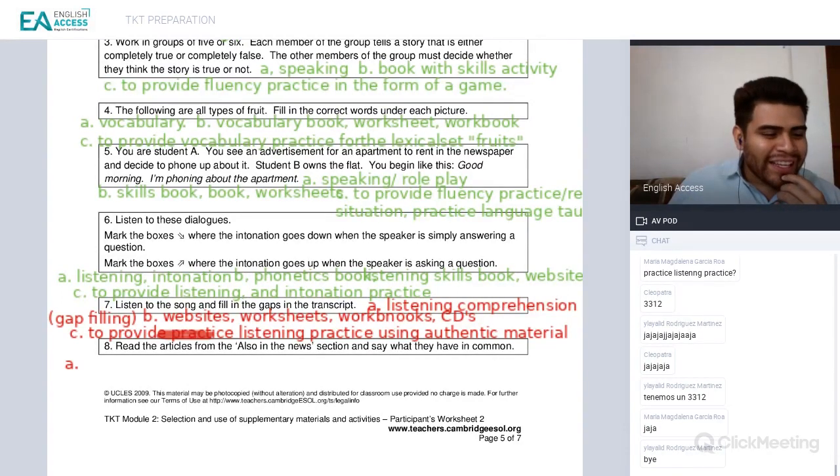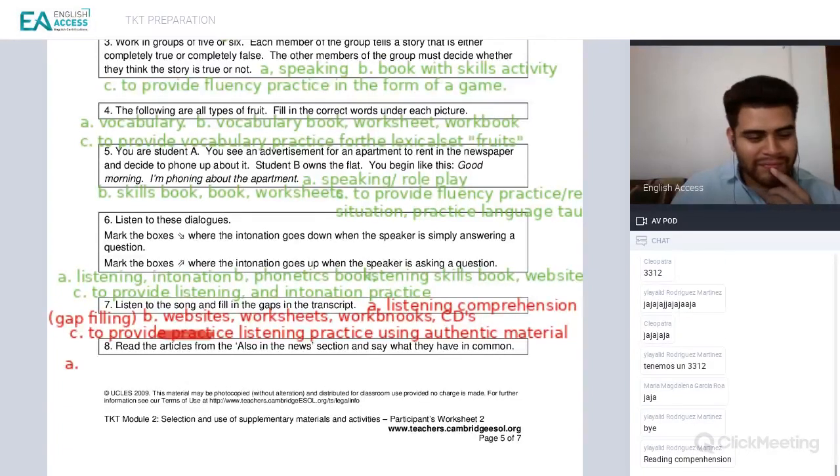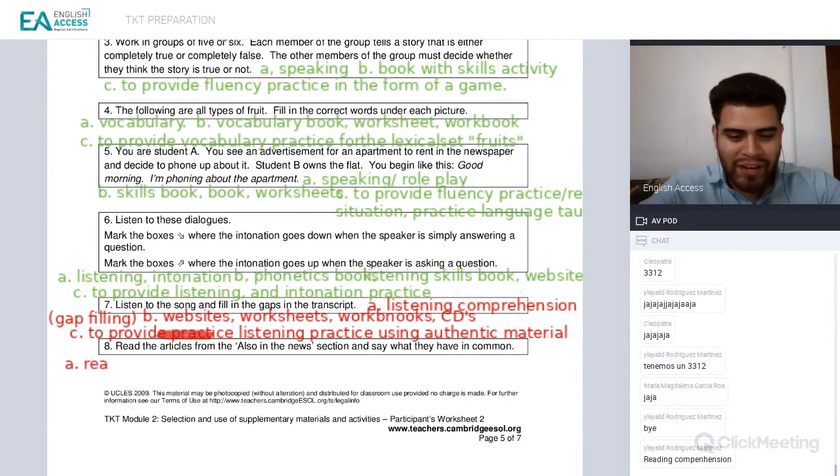What type of supplementary activity is 8? Reading comprehension.